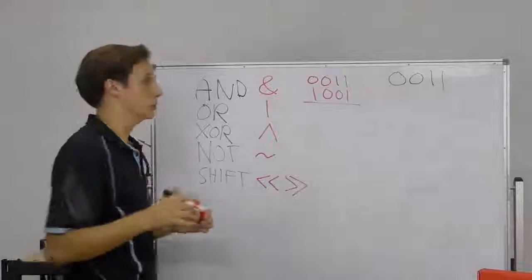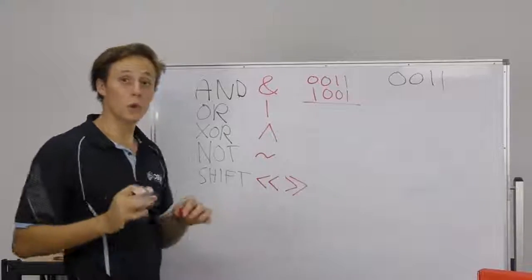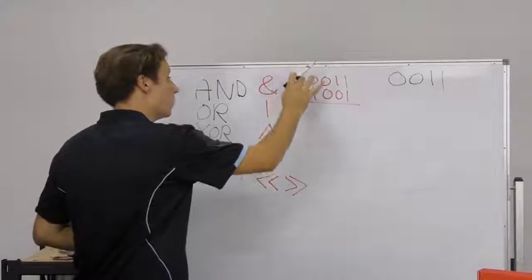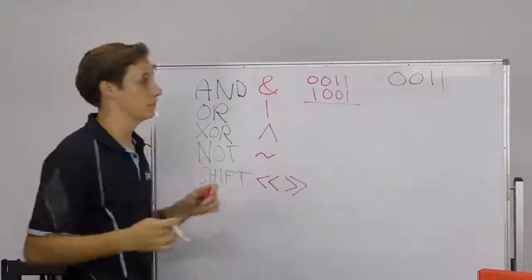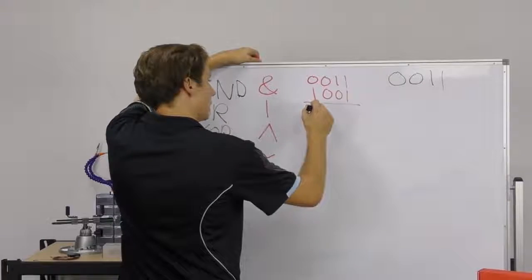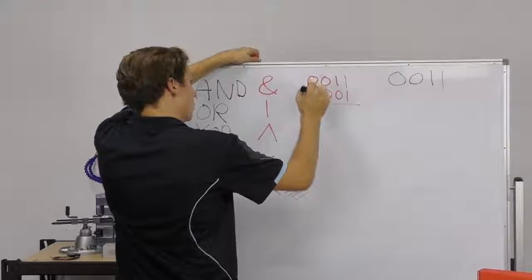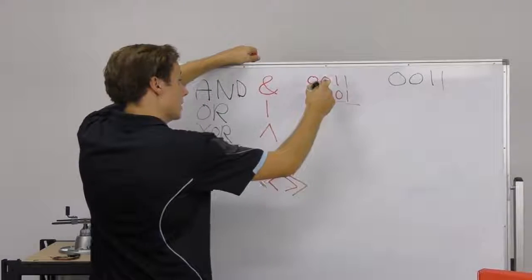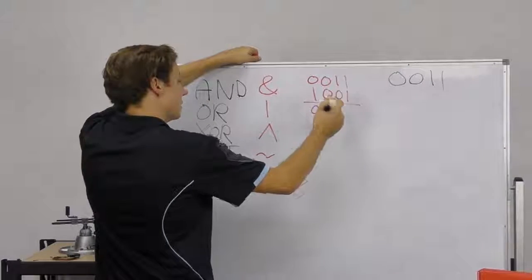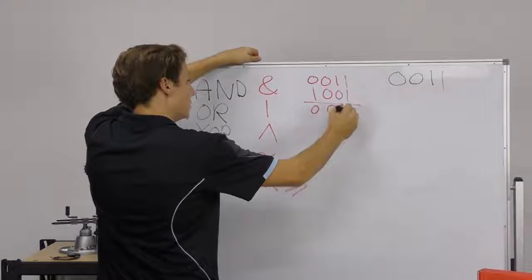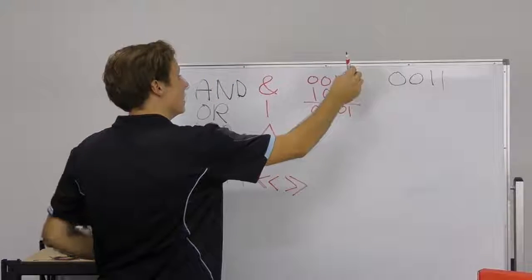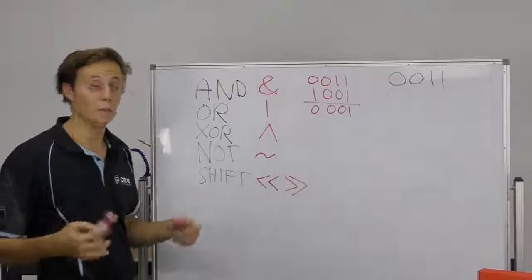Now, the AND function will copy a bit to the result only if it exists in this one and that one. So, it would be a 0 because there is not a bit in both places there. Another 0, both places have a 0. Another 0, and this would be a 1 because a bit exists in both operands there, which is cool.